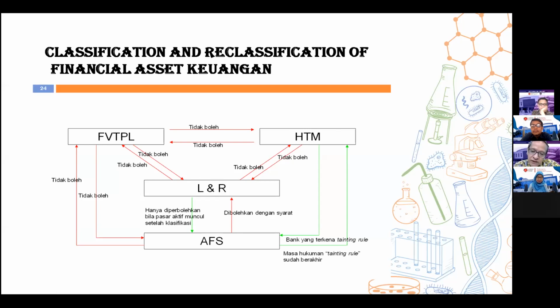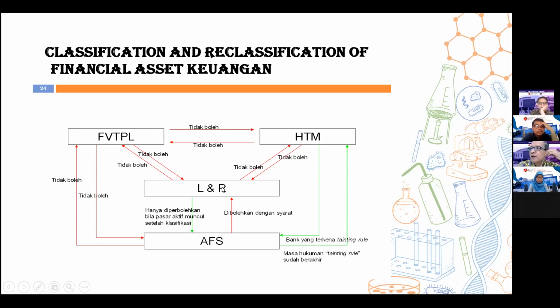But if you intentionally want to hold it until maturity, then you can categorize it as held to maturity. But if there is no ready market to sell it or to buy it, then you categorize it as loan and receivable. So loan and receivable and held to maturity are actually almost the same. The difference is only that held to maturity has a ready market, but for loan and receivable, there is no market.